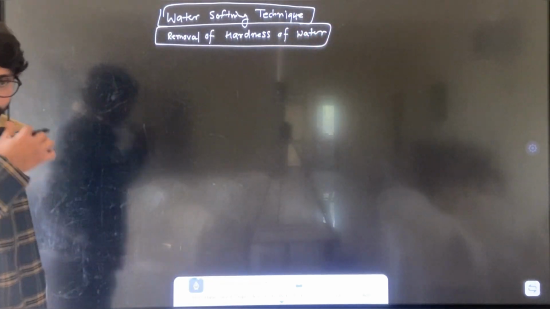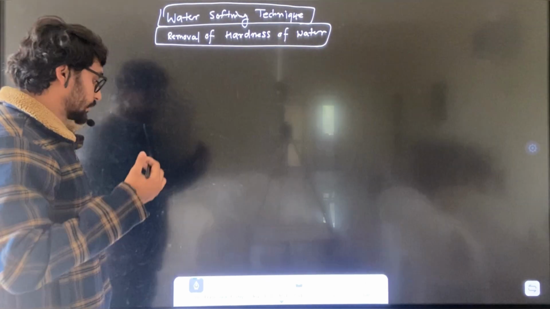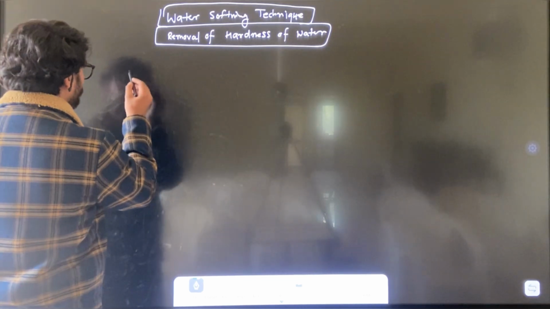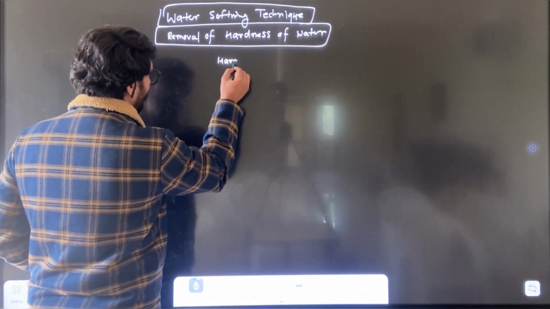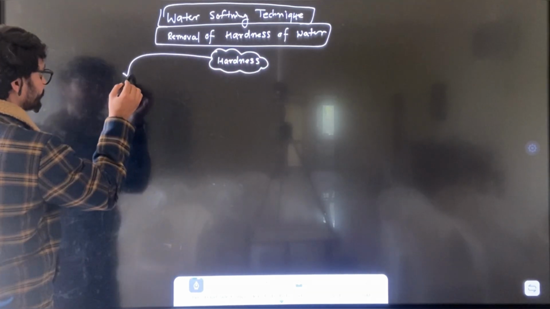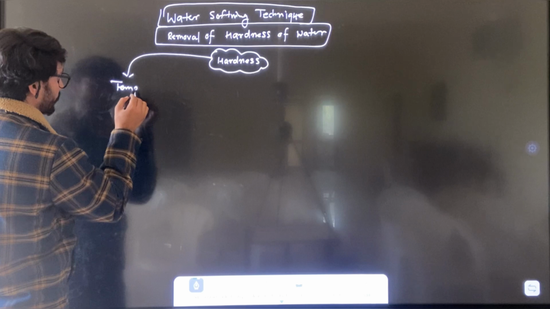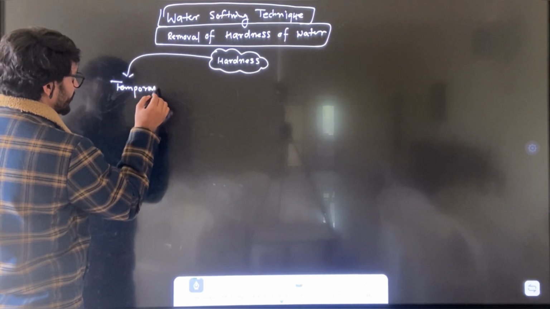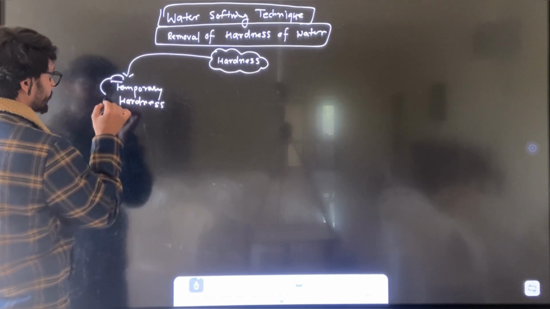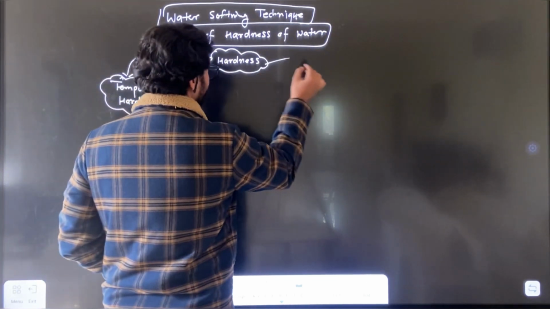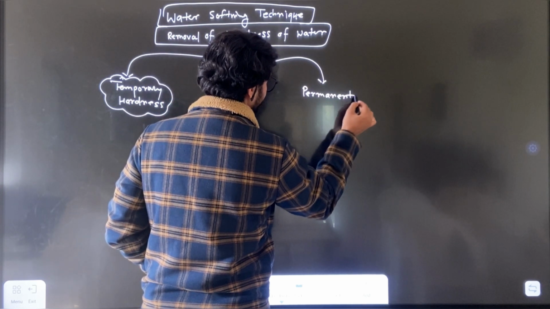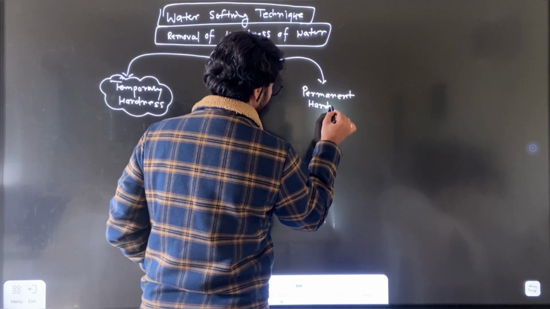In this topic we are talking about the soda method, lime method, soda-lime method and zeolite method. As we know, there are two types of hardness: first, temporary hardness, and second, permanent hardness.